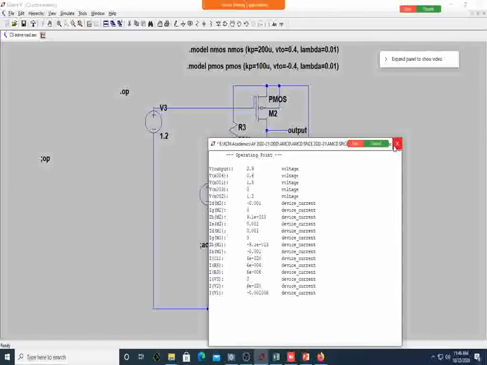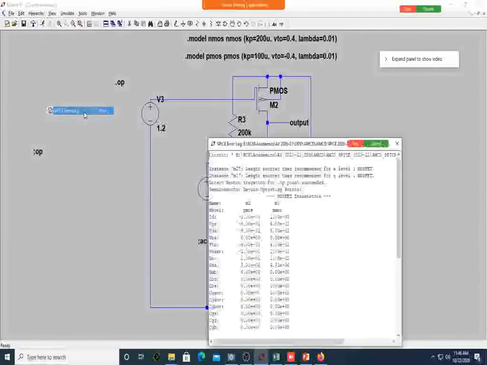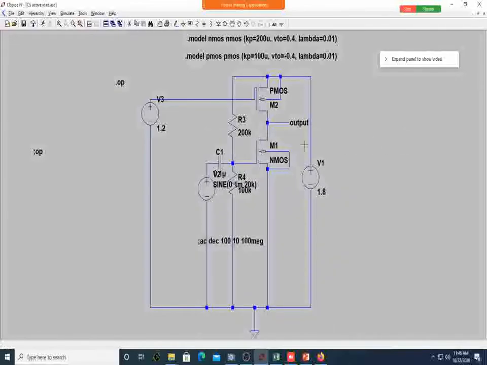Let me just check now. I'm supposed to get a certain value as per my theoretical calculation, but here I am having a difference of a much larger value. Let me just fix what the problem is.